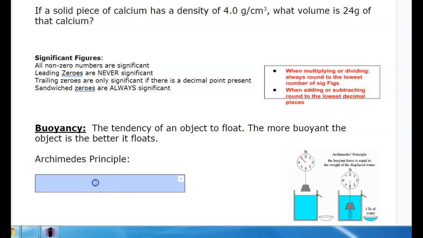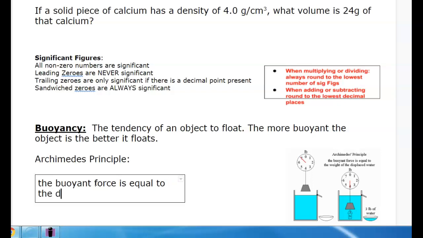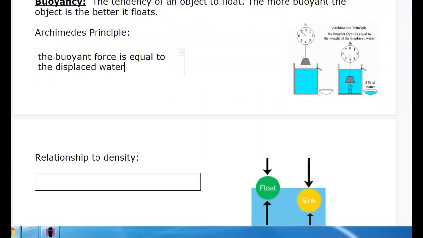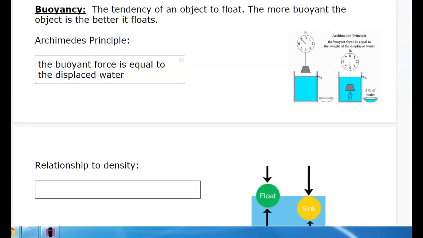Okay, so Archimedes' principle basically says that the buoyant force of an object is equal to the weight of the displaced water. Okay, so that is all special and everything, and that is the formal way of saying what is the buoyant force, but we also have to be able to relate it so that we have a good understanding of what happens.